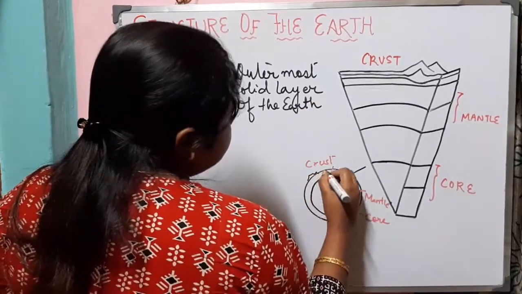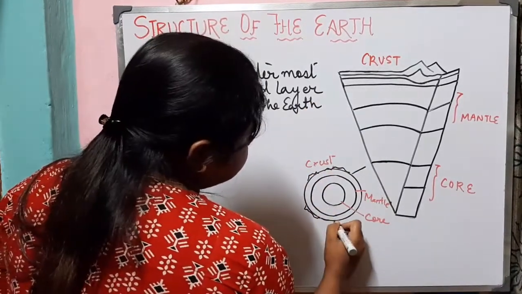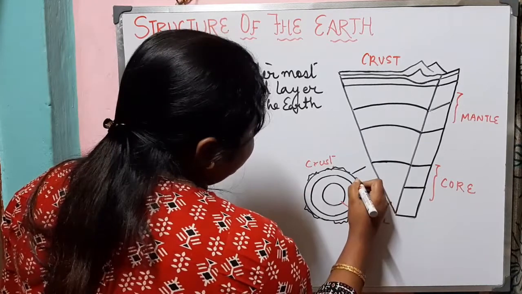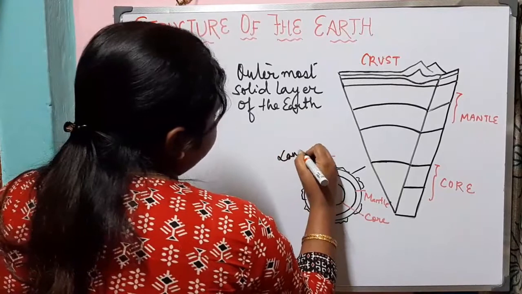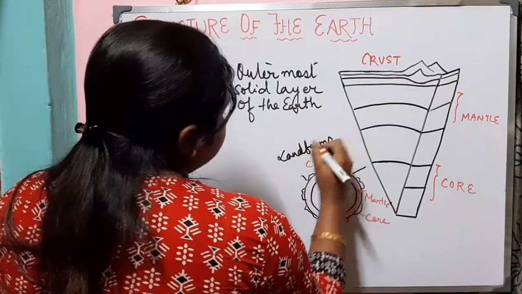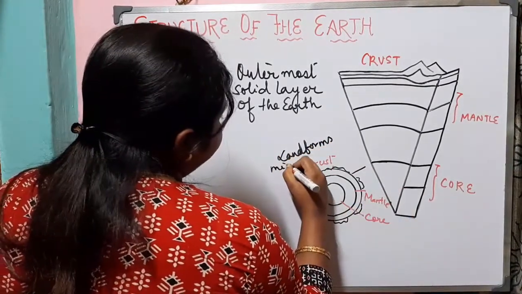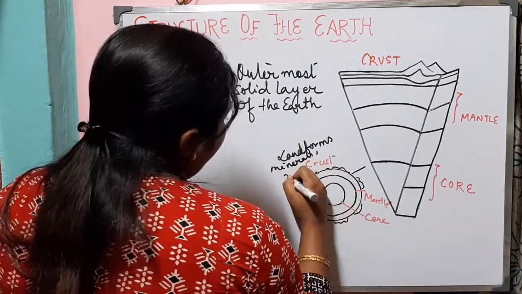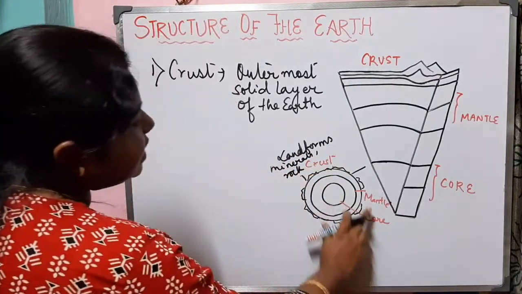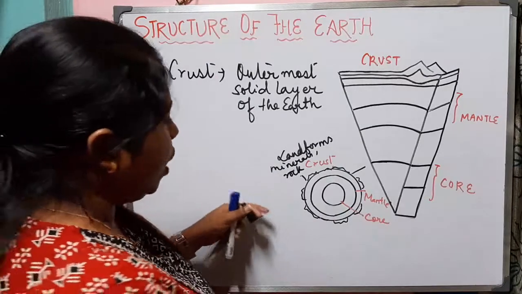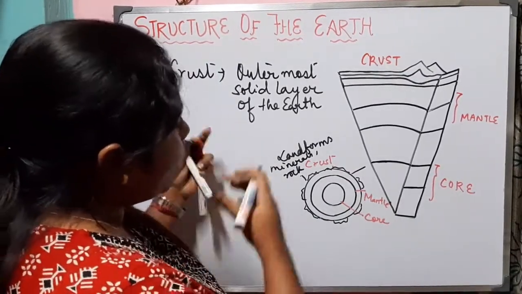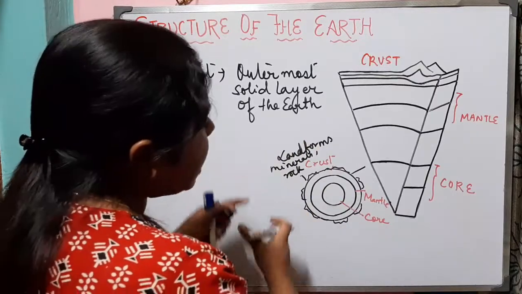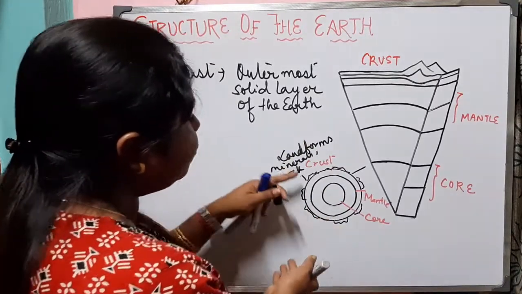Here we will find landforms, that means continents, oceans, minerals, rocks, and this is the layer where we are living. So the outermost solid layer of the earth, where we find ocean, continent, mineral, rock, and the layer on which we live, is referred to as the crust.